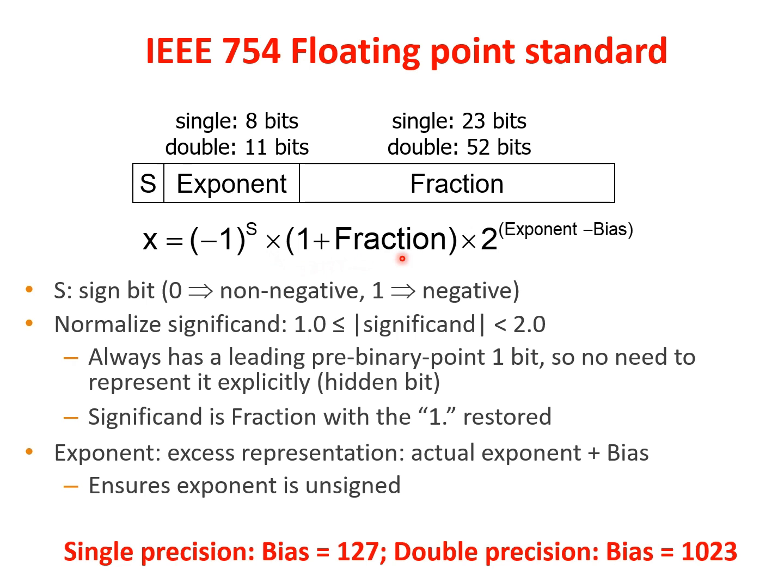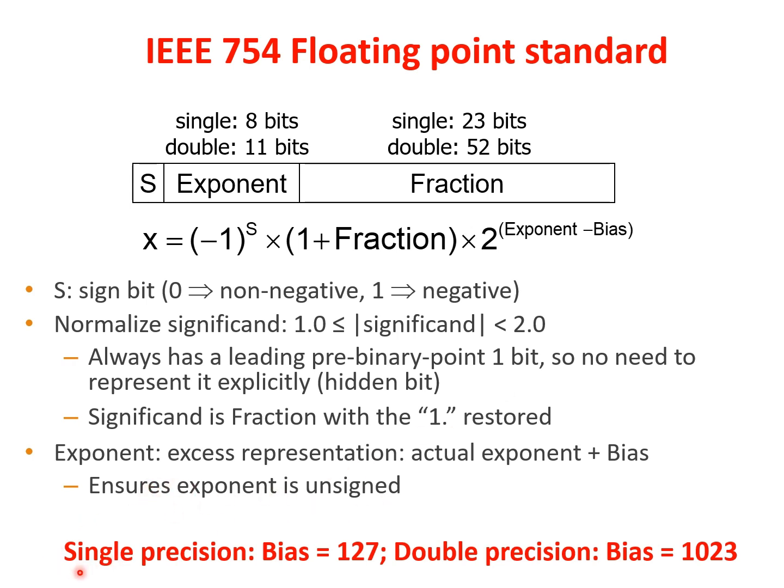The significand, 1 plus fraction, ranges from 1 to 2. Suppose the fractions are all 0; because there is a hidden 1, it will be 1. If the fractions are all 1, then it will be 1.1111..., very close to 2 but not exactly 2, because it would need more bits to make it exactly 2.